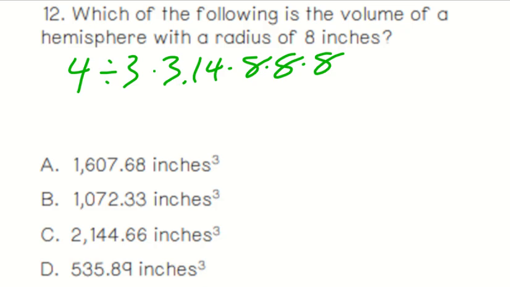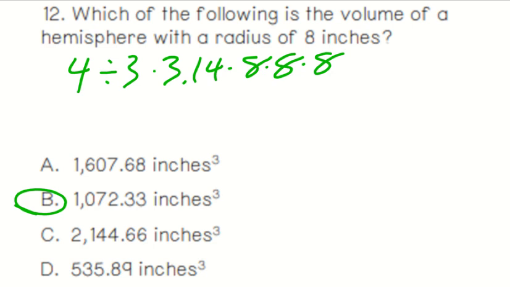All right, so which one's the answer? Anybody think they can tell me why our answer is different than their answer? They rounded differently. All right, so I'm going to show you something.